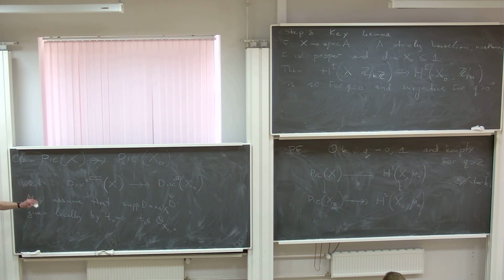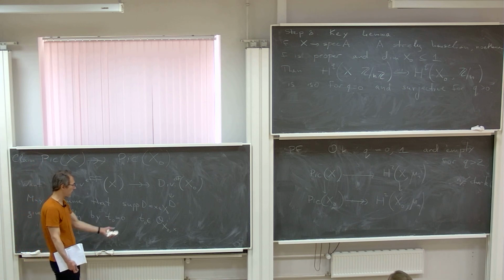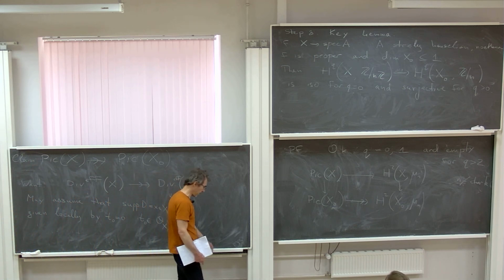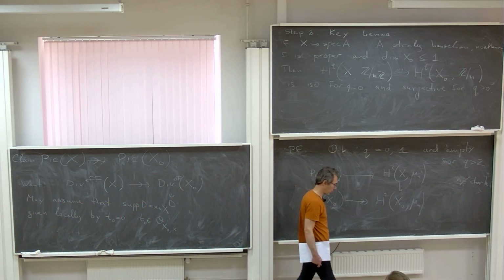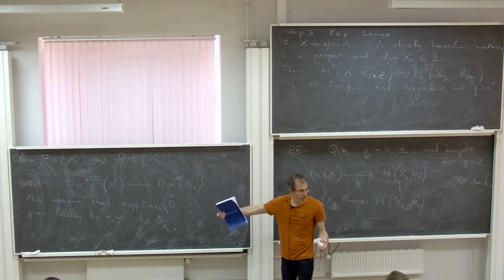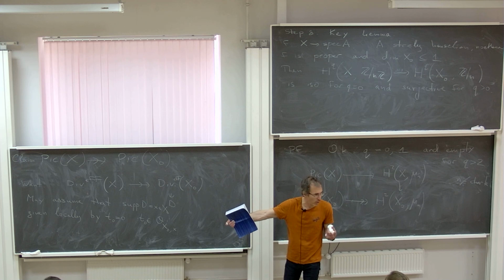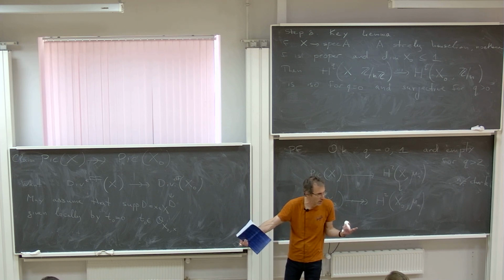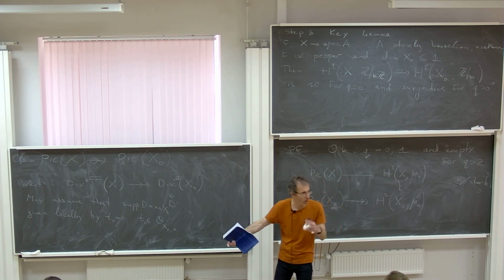So again, Cartier divisors are just closed subschemes such that the sheaf of ideals is locally free of rank 1. So my closed subscheme is D. It might have some nilpotence, but it's given by one equation locally.